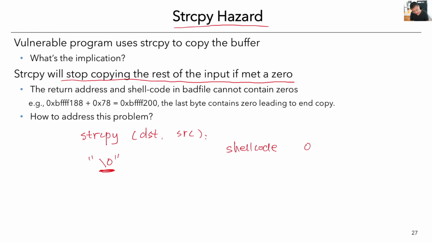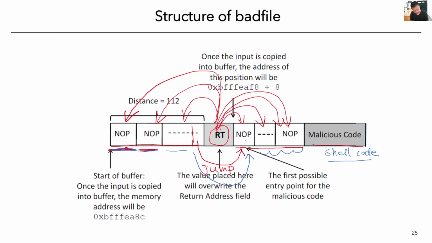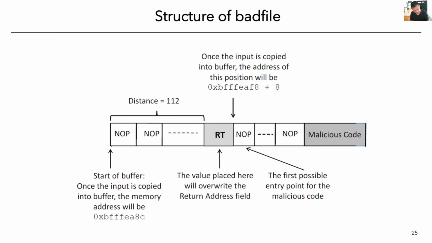Let's go back here. It means that anything in this block cannot contain 0, not in your shellcode, and also not in your return address.